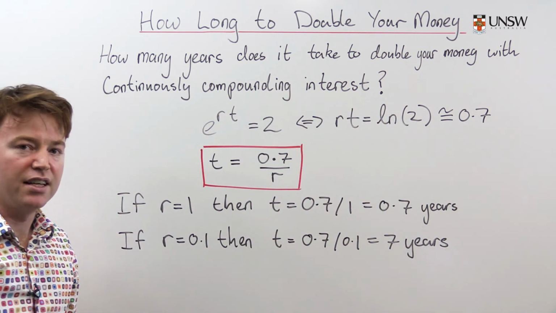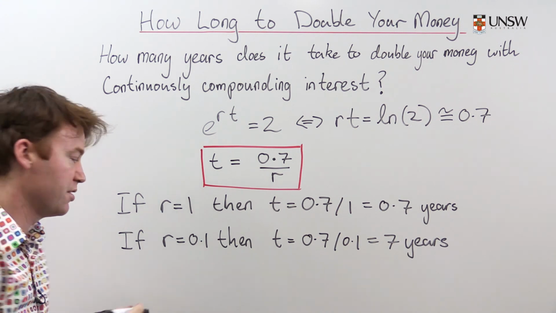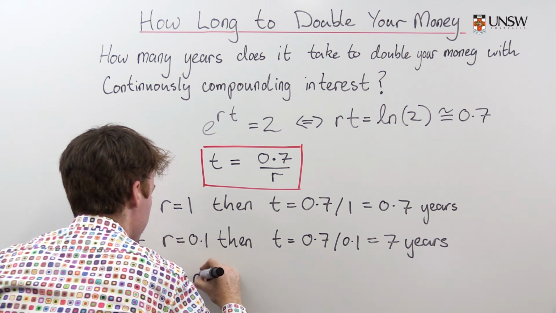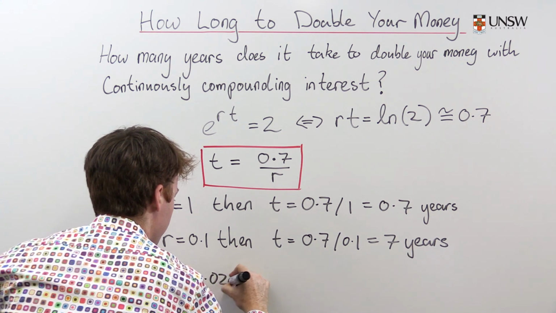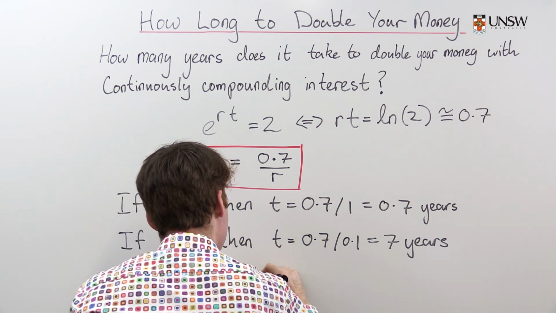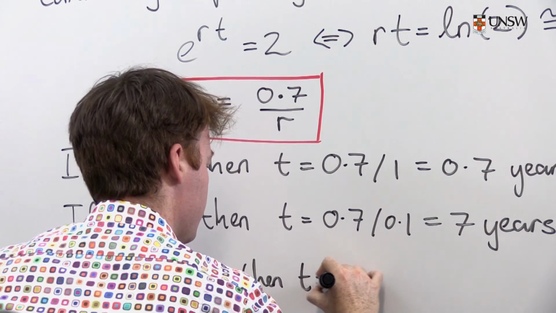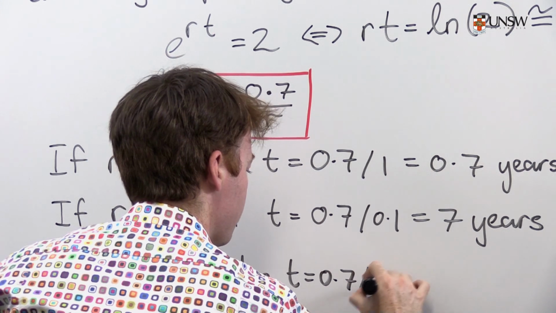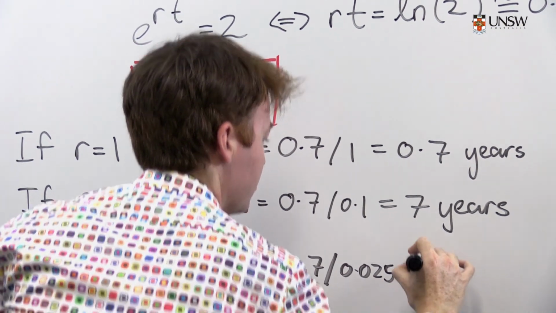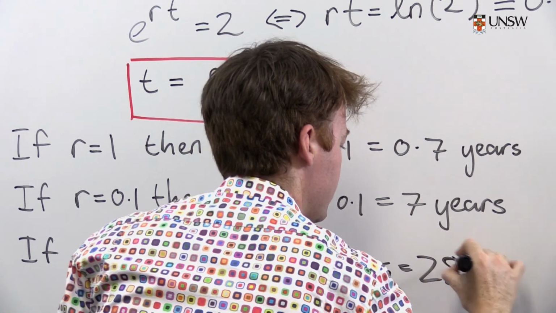And if I have an even more realistic rate of interest, like if R is equal to 0.025, then t is equal to 0.7 divided by 0.025, which is equal to 28 years.